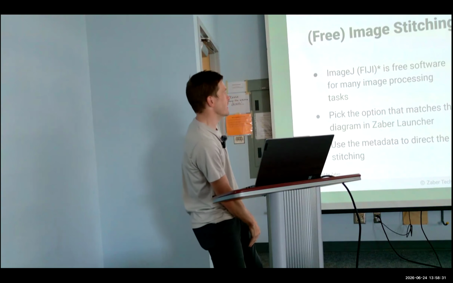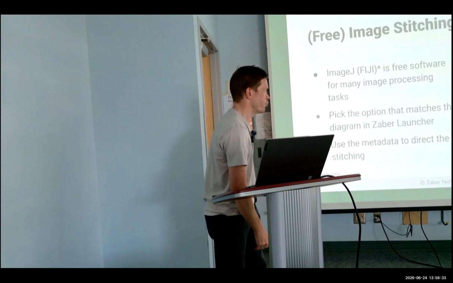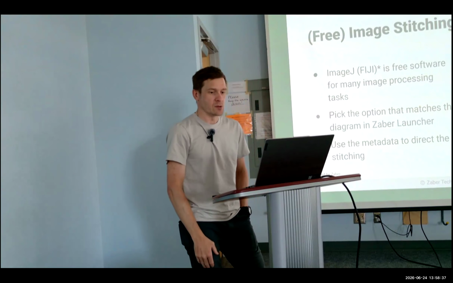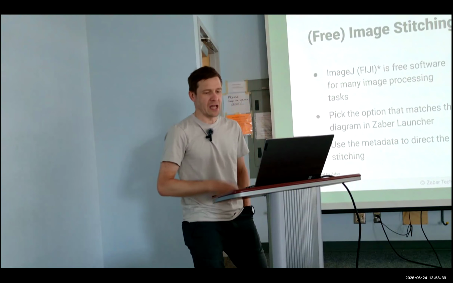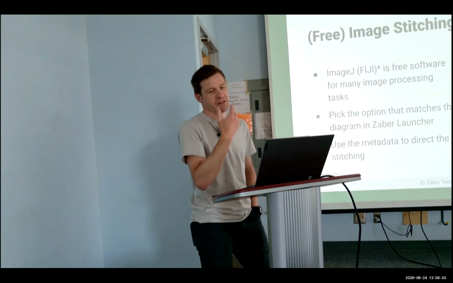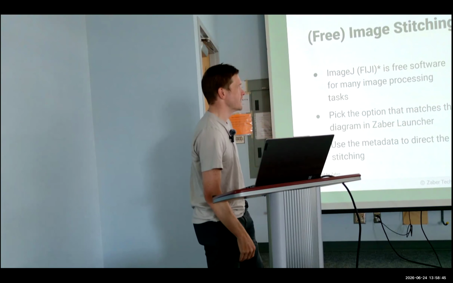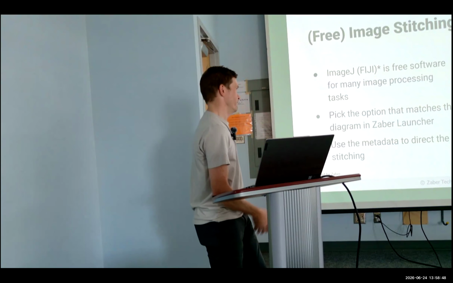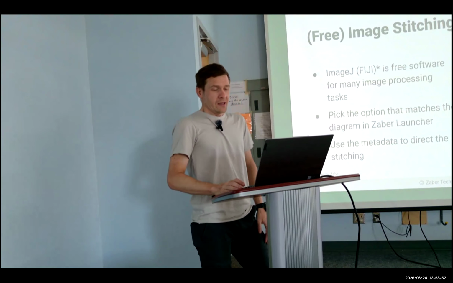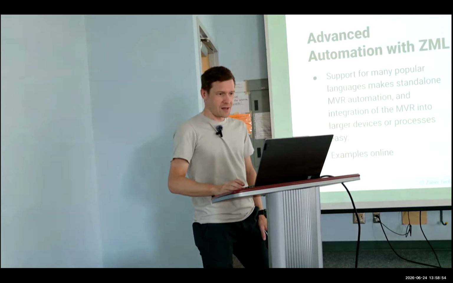Like ImageJ, we use that for our image stitching. It's free. It's widely used in many publications. And that'll take the position file from our metadata and automatically stitch the images.